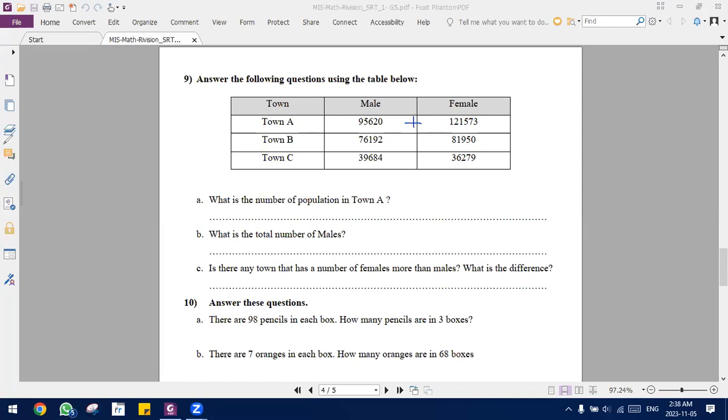If we need to add them, we can write them vertically also, so we don't make a mistake. Let me write them vertically. 121,573. And then 95,620. So just like this.